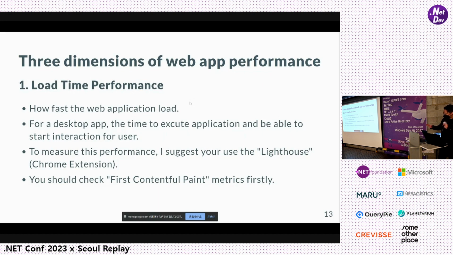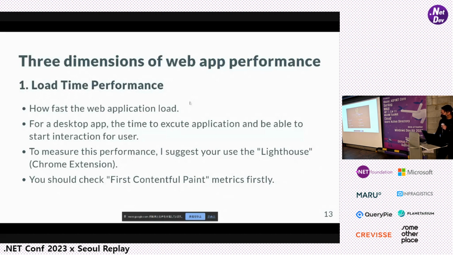For a web application, it is almost the same, but it is the time to render the web page through the browser and be able to start interaction. You can measure this performance easily with Lighthouse. This is an extension of the Chrome browser. As the first step, you should check this metric.